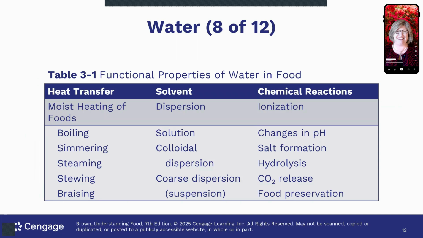Here's Table 3-1, that goes over the functional properties of water in food, as we just discussed. You can have a solution, a colloidal dispersion, or a coarse dispersion, which is a suspension.